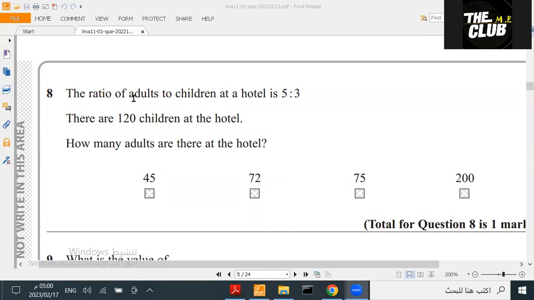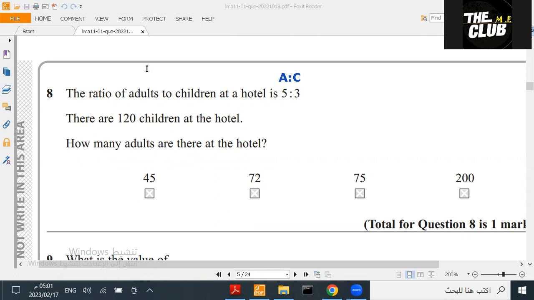So the ratio of adults to children is 5 to 3, which means 8 in total. There are 120 children at the hotel. How many adults are there at the hotel?